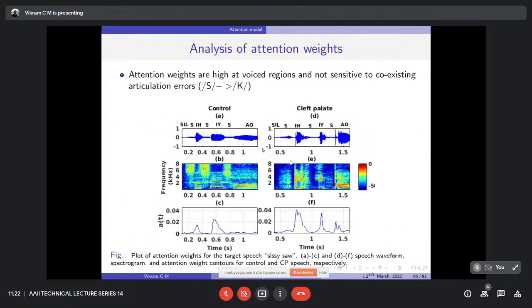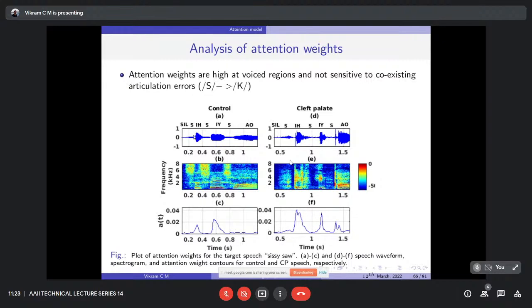Once we trained the model by using our augmented data against the expert labels, I plotted the attention weights here. We can see that the attention weights are giving high weightage to the vowel regions, say E and E for these regions. The word is here sissisa. In this E and E region, we are getting very high attention weights.